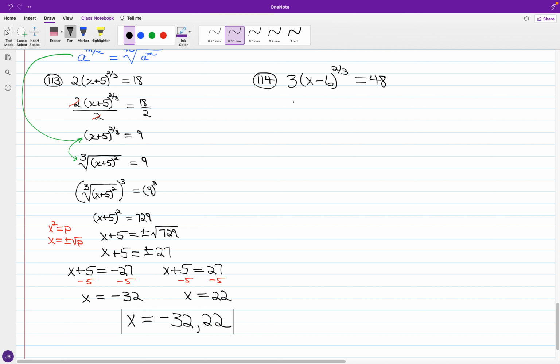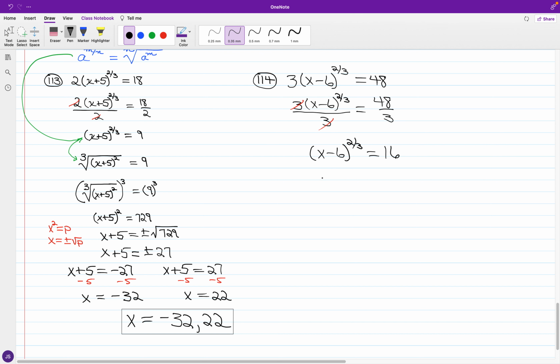And if I divide the equation by 3, the left hand side is going to be x minus 6 quantity to the 2/3, and 48/3 becomes 16.